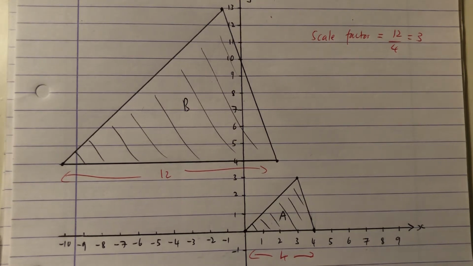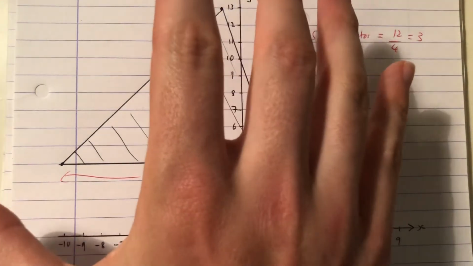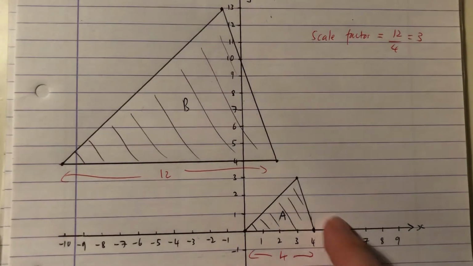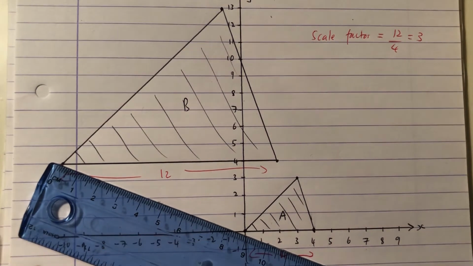Now, to find the centre of enlargement, again, you have to annotate the diagram. So this is effectively, imagine this is the object as a shadow on a wall. This is the object sitting on the table. And you're going to try and find where you position the torch in order to create this perfect shadow behind it. So in order to do this, you add 2 or 3 lines in, and they're straight lines which join corresponding corners.